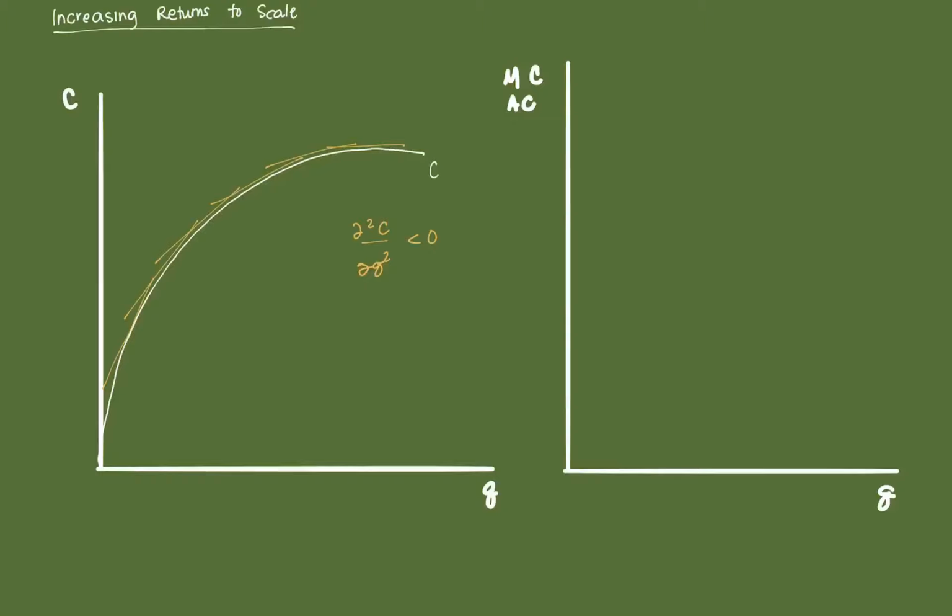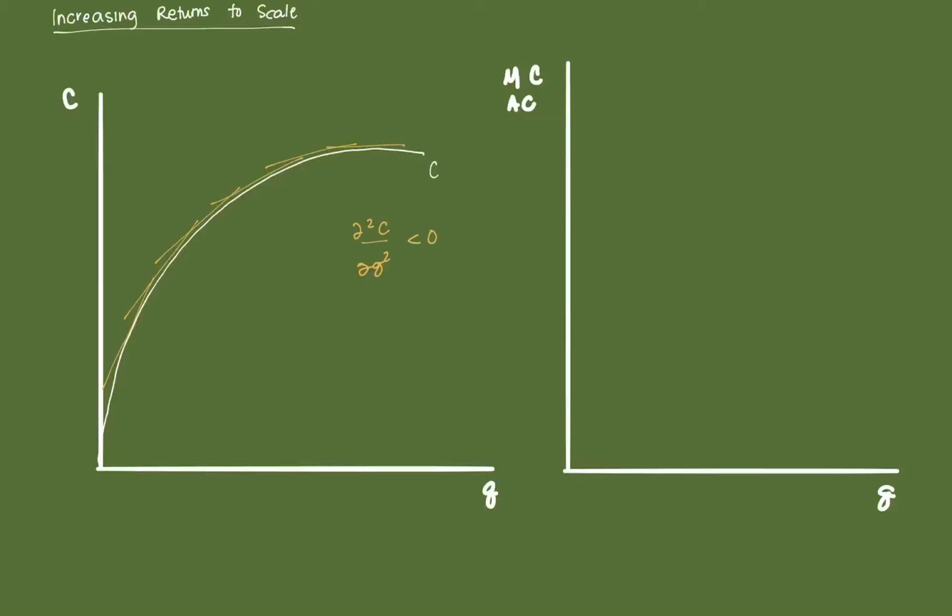So you'll notice that MC, or your marginal cost, which is that slope there, decreases as Q is increased. In this case, we can also show that AC also decreases as Q increases, but you'll notice that average cost is greater than marginal cost for all cases in Q. So if we try and graph MC and AC, they look something like this.